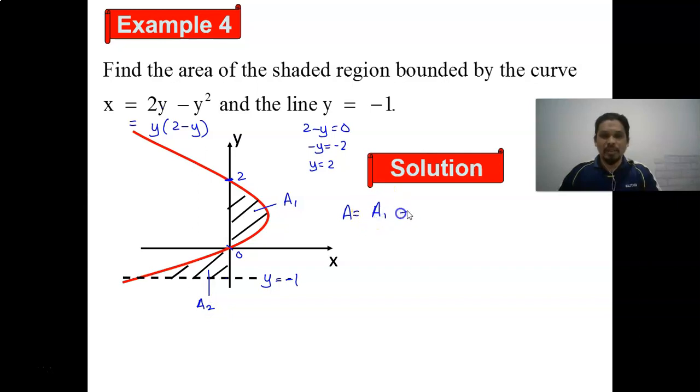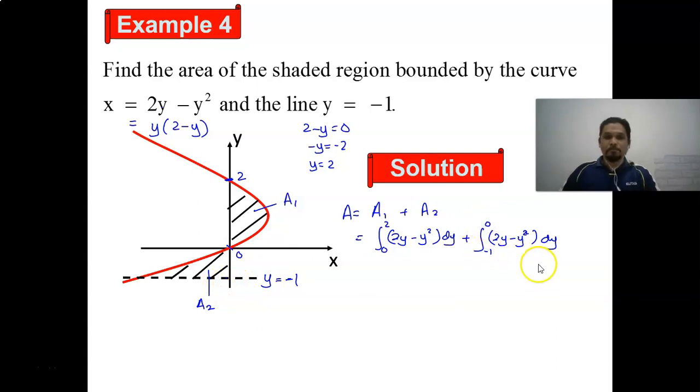So A1 plus A2 is the integral of 2y minus y square dy, first from 0 up to 2, plus the integral of 2y minus y square dy from negative 1 until 0.